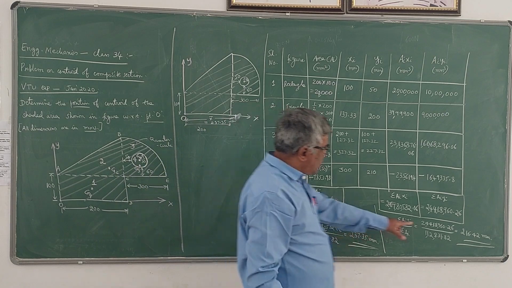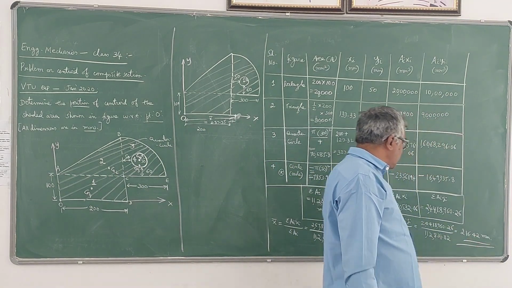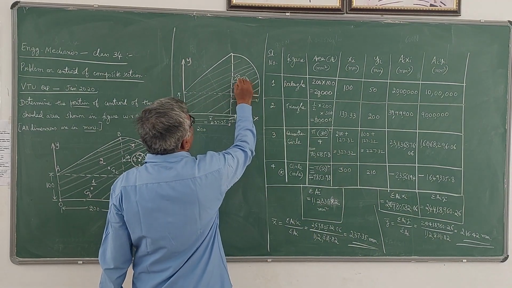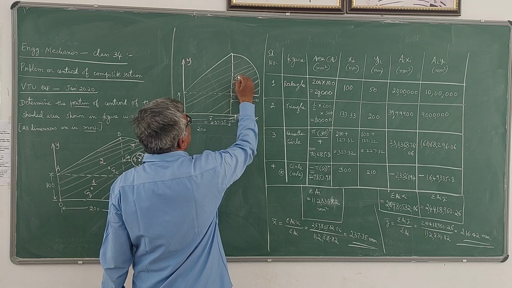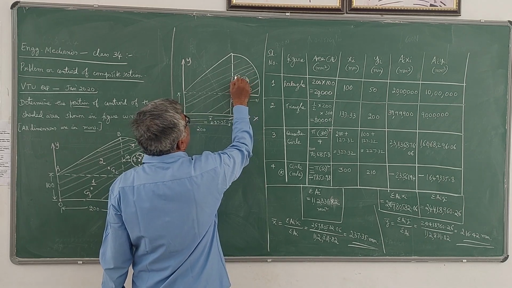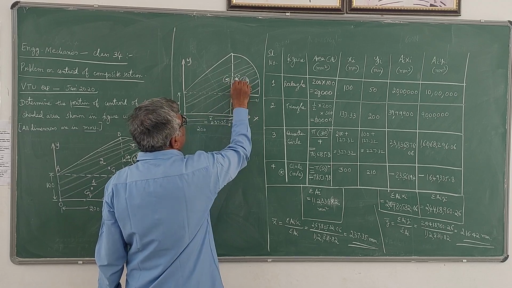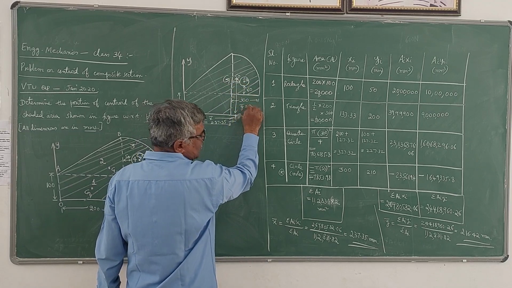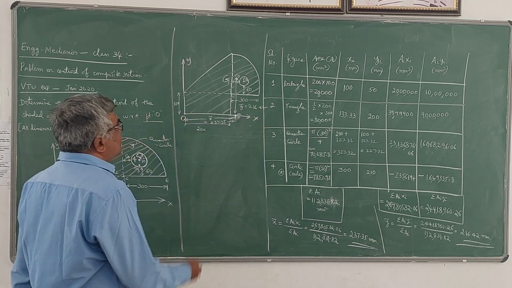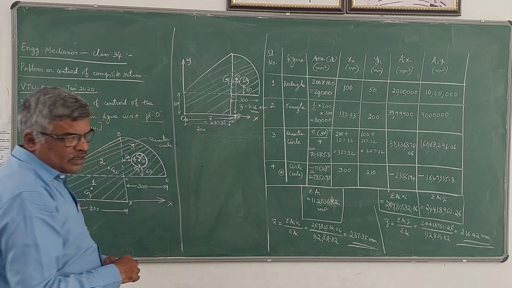Then to get 216.42, 56.42 will be left. So I have to move 56.42, which means it will come somewhere here. So this is G, and this value is the y bar value, 216.42. So this is how we have to locate the centroid of this composite section.